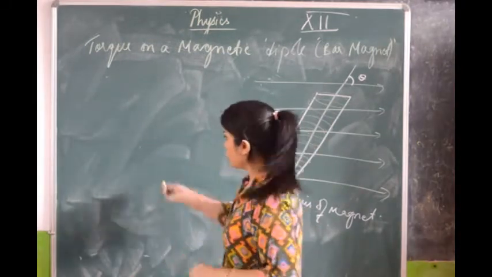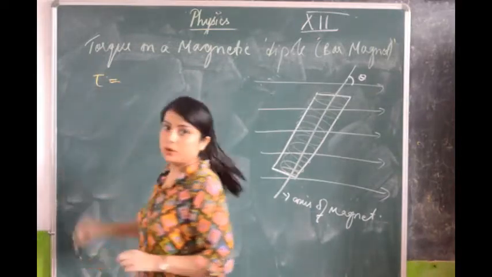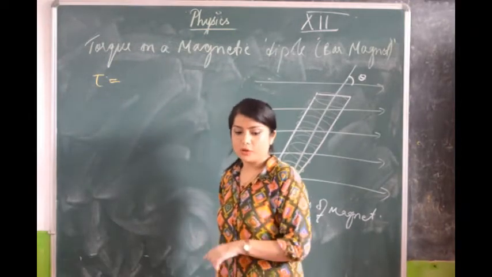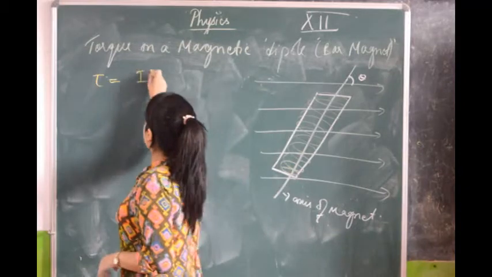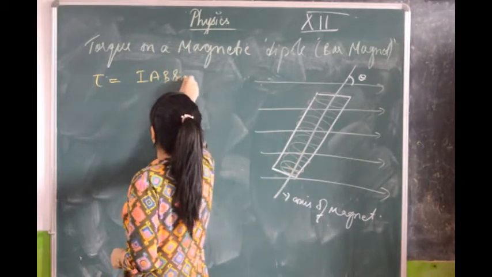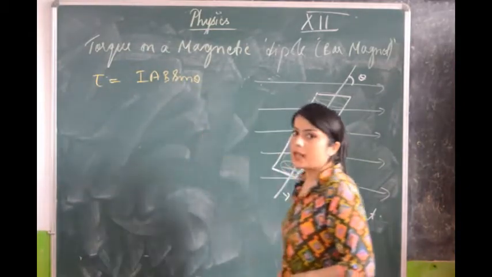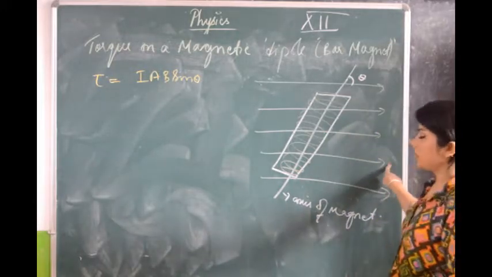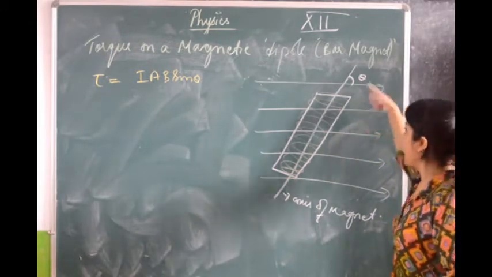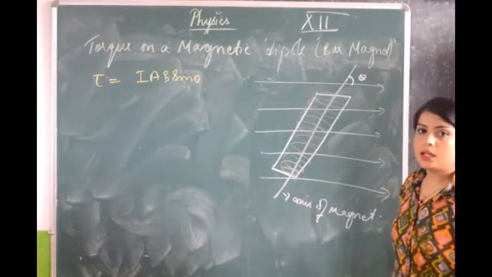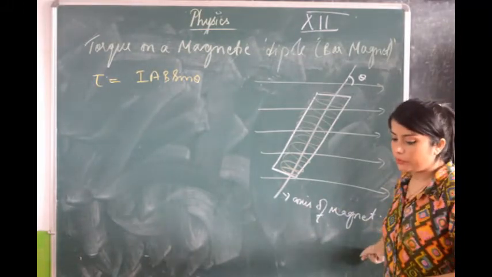So now the torque on a current loop, done in the first topic of this chapter, was I A B sin theta, where theta is the angle between the magnetic field and the axis of the solenoid. Over here it will be the axis of the magnet.